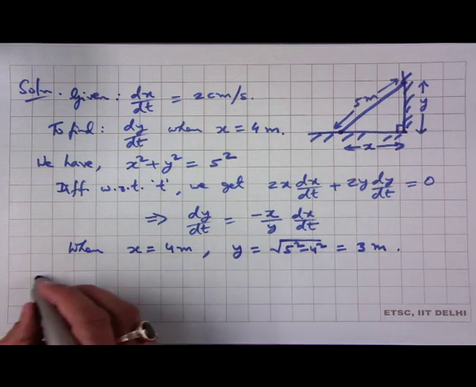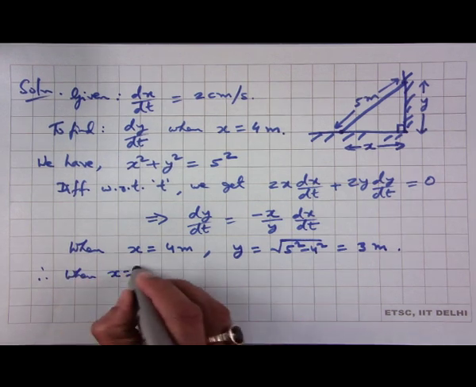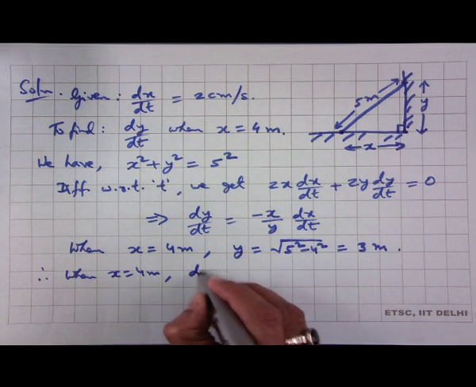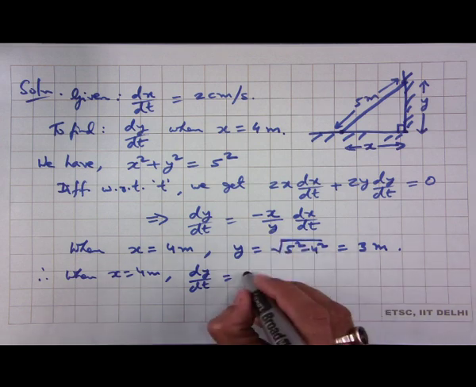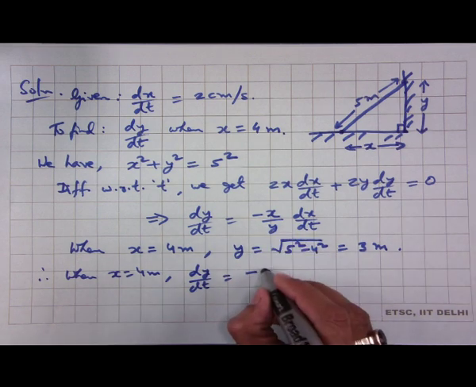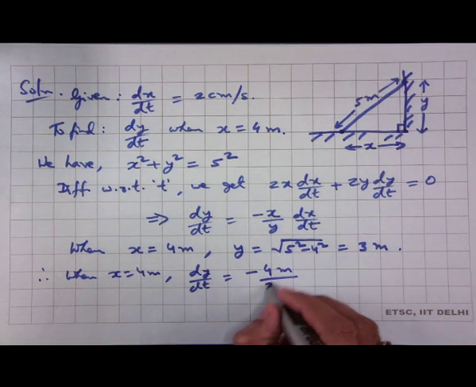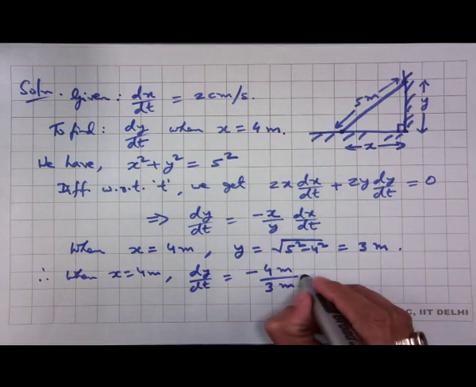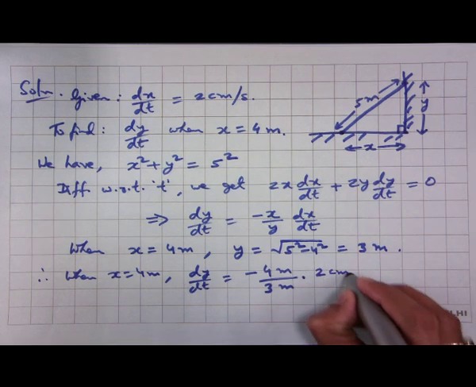So, therefore, when x is 4 meters, dy/dt is equal to minus x, which is 4 meters, divided by y, which is 3 meters, times dx/dt, which is given to be 2 centimeters per second.